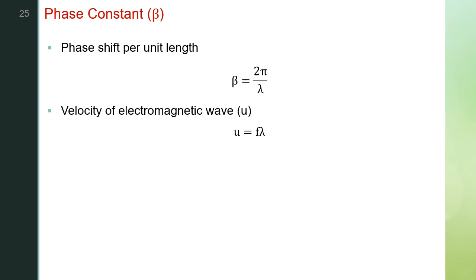When you multiply and divide this equation by 2 pi, this reduces to 2 pi f divided by 2 pi by lambda. What is 2 pi by lambda? It is beta. What is 2 pi f? It is omega. So velocity u can be written as omega by beta. This is the relation between velocity, frequency and phase constant.